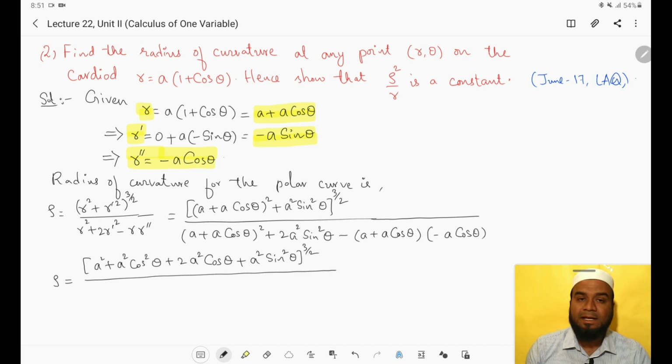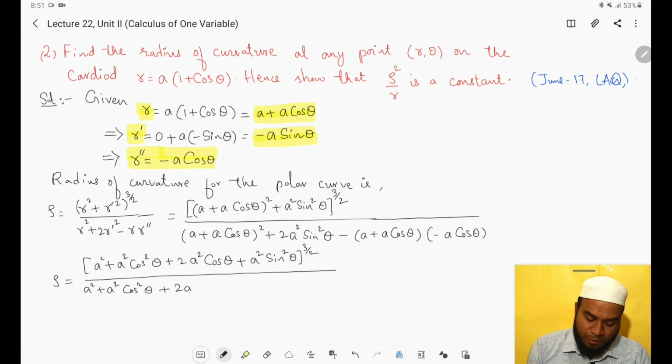Then let us see the denominator. Again a square plus a square cos square theta plus 2a square cos theta. This is the expansion of the first bracket term. Then next 2a square sin square theta. This minus and this minus will become plus.